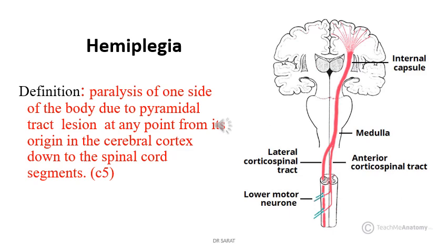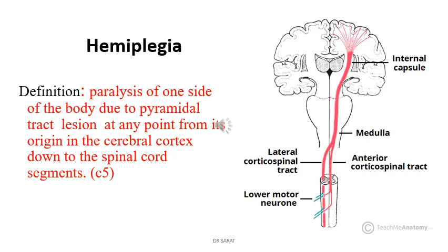It runs down to the lower part of the medulla, where it divides into the lateral corticospinal tract and the anterior corticospinal tract. That means 80% of the corticospinal tract, at the lower part of the medulla, crosses to the opposite side and runs down to the anterior horn cell of the spinal cord.